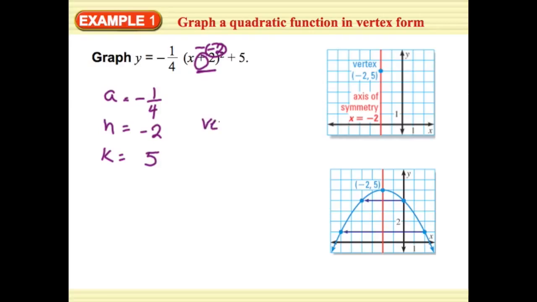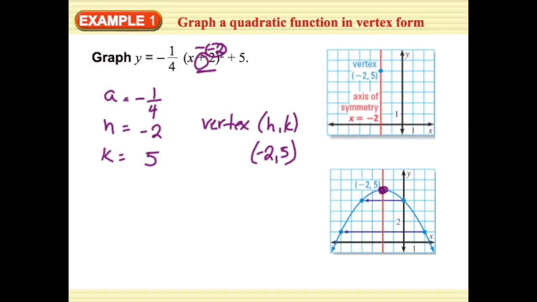My vertex is just going to be h, comma, k, which is negative 2 and 5. So I go to negative 2, 5, and I plot that vertex. Now I have a graph for you to do this on, but obviously my graphs are already finished, so just follow along like you can.